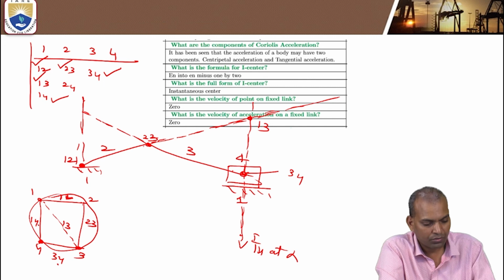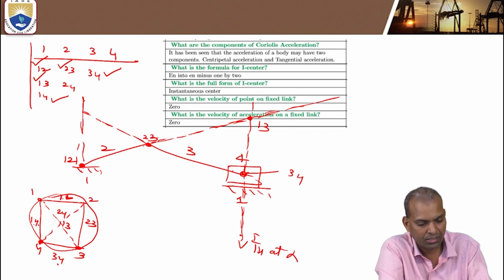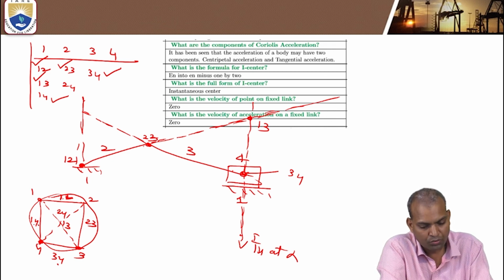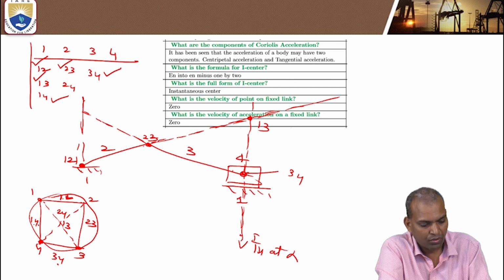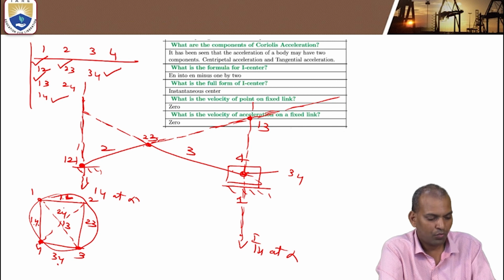Next, 2-4. How does it come to 2-4? According to the instant I-centers inline theorem, 1-4 and 1-2 extension. It is 1-2. Where is 1-4? It is at infinity, no? Now 1-2, 1-4 extension.